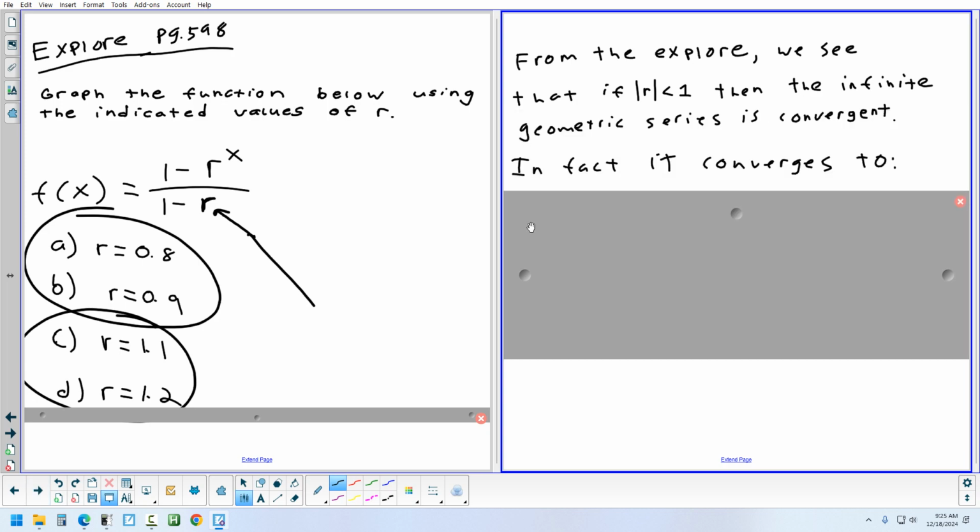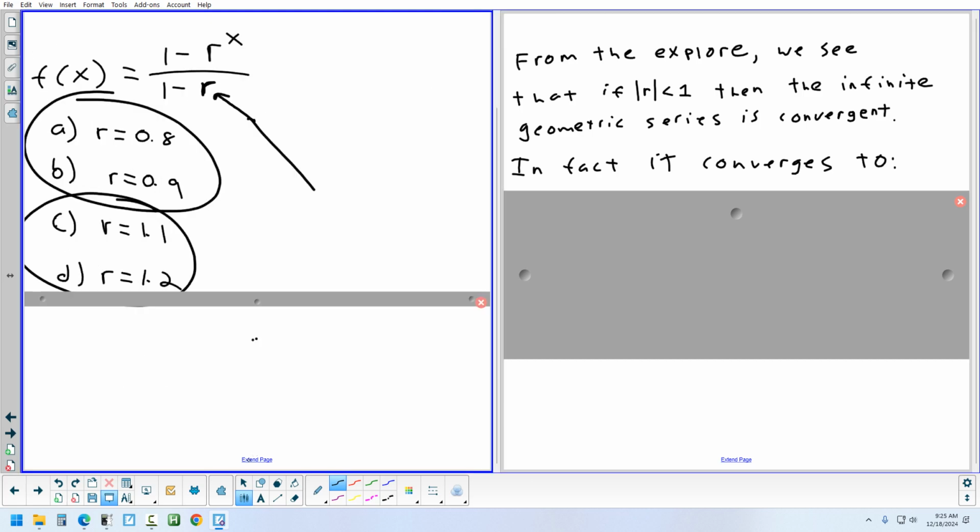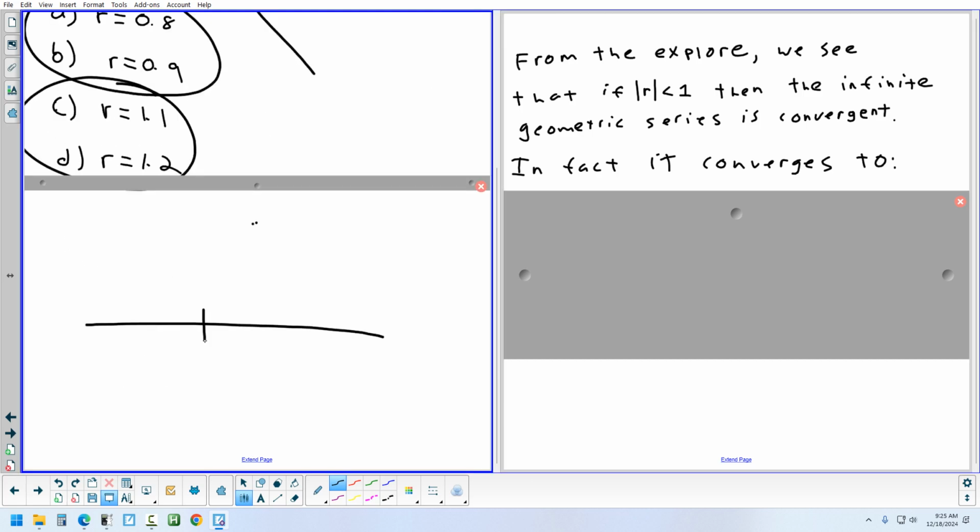Okay. So from exploring what happens if you change the R value, we saw that if the absolute value of R is less than 1, okay, so think about what that means. How far away from 0 can you go on the positive side if you want to be within 1 unit? You can go up to what? 0.99.